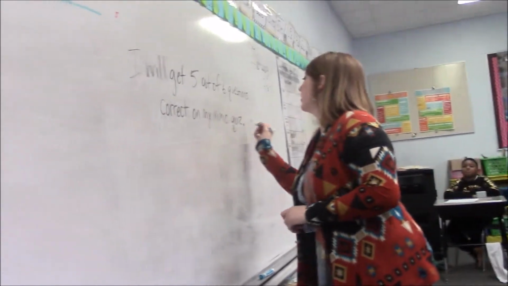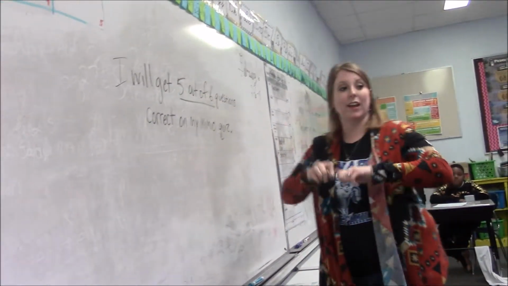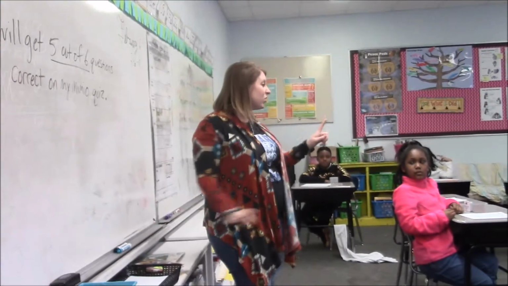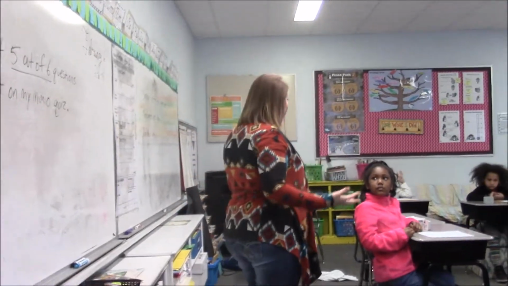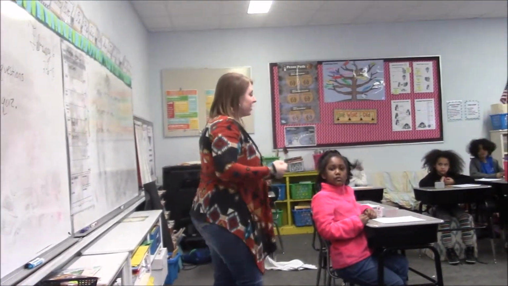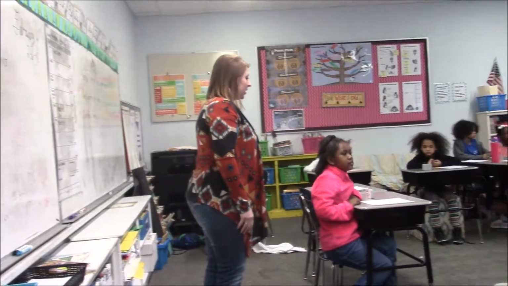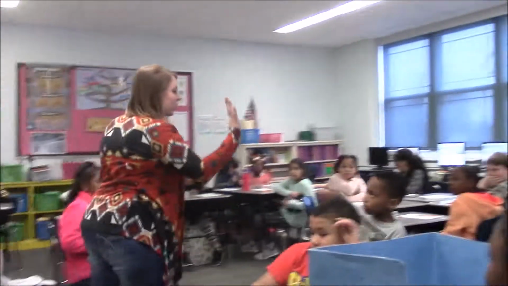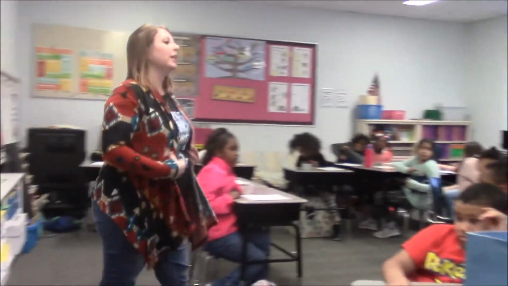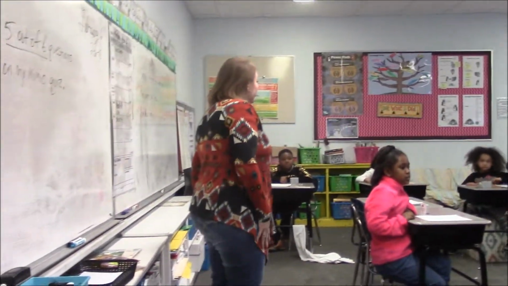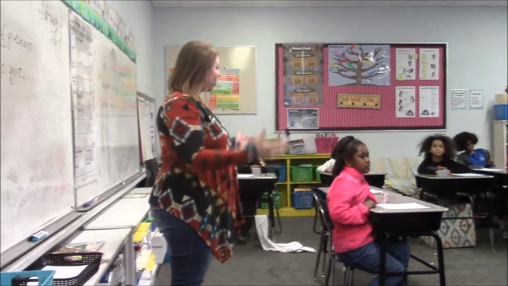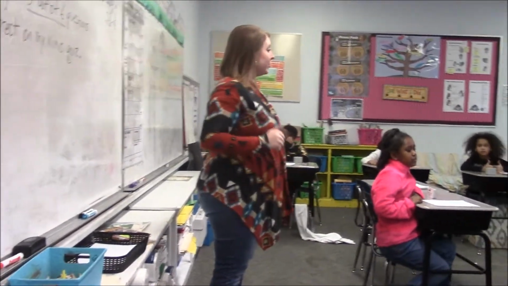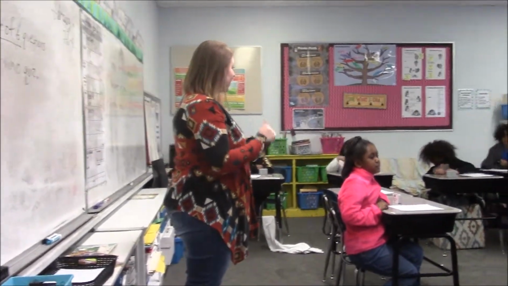Okay, very good. So that is your goal. I really only need you to miss 1. If you miss more than that, it means that we have some areas we need to work on, right? Yes, ma'am. So we have to miss 1, or can I get 6? I would love for you to get 6, Justin. We are going for gold here. Okay. All right. So this is what I need you to do. Our goal as a class, and your goal individually, is to get 5 out of 6 correct.